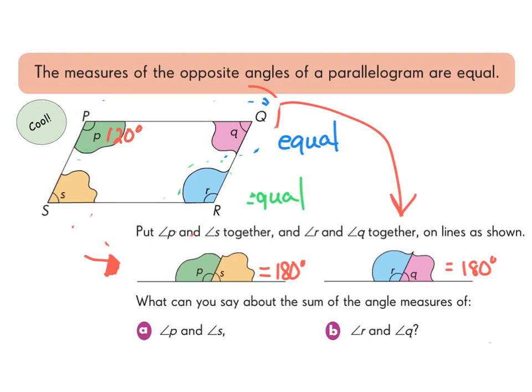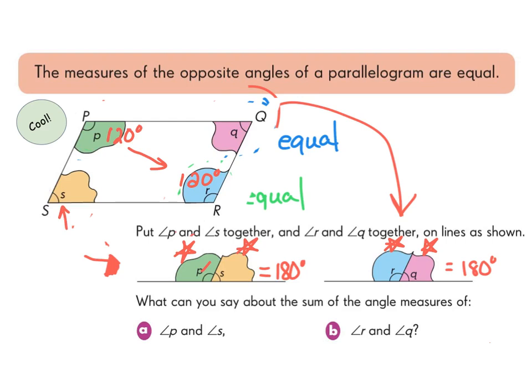Because we know that opposite angles are equal. If this is 120 degrees, then what is this? 120 degrees also. And if we know that the green and the yellow equal 180, and also the blue and the pink, adjacent angles, also equal 180, then we can figure out these missing angles.